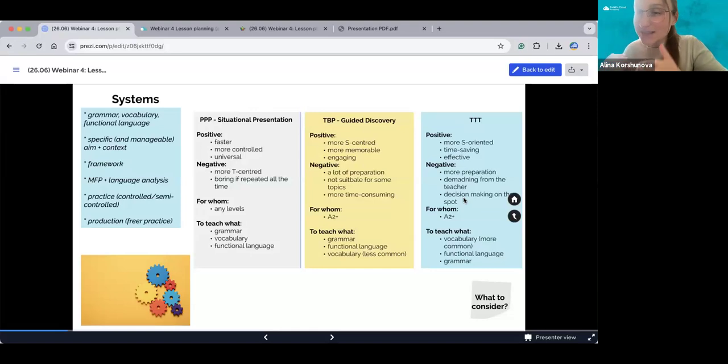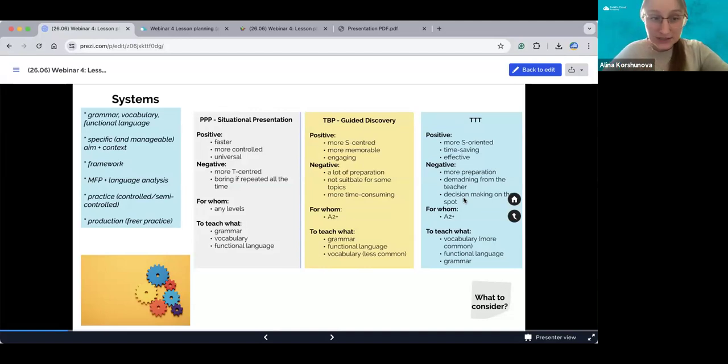You can skip clarification of something that they have already learned before and something that they feel confident with. So you can plan your lesson in a TTT way, test what they know, clarify only some parts of this lexicon, a few terms, and then move to something different, something more important.